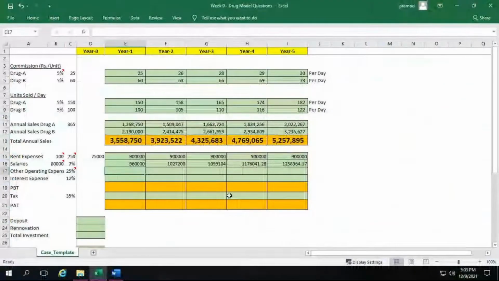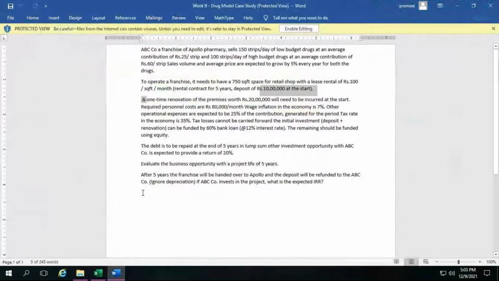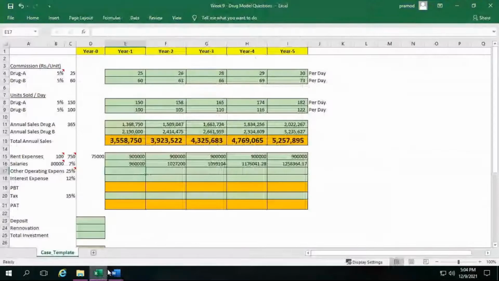They're telling other operating expenses are expected to be 25% of the contribution. So when you want to generate that, they told it for annual sales, 25% of the annual sales.